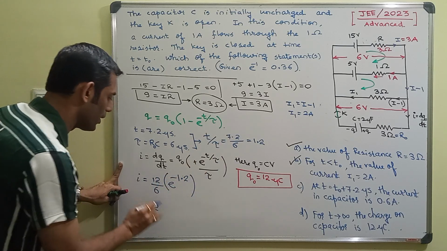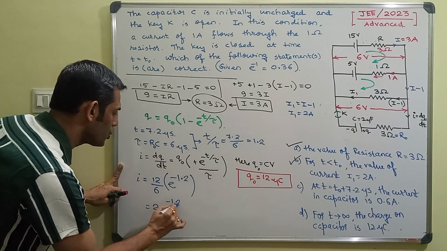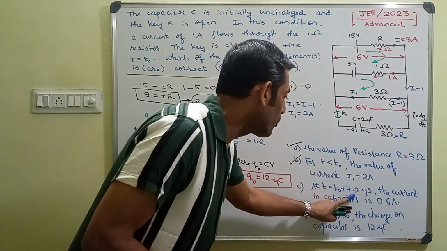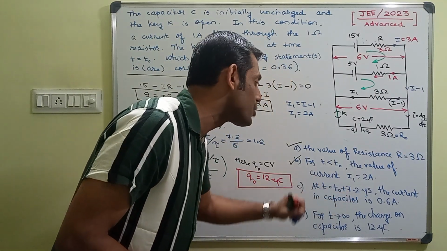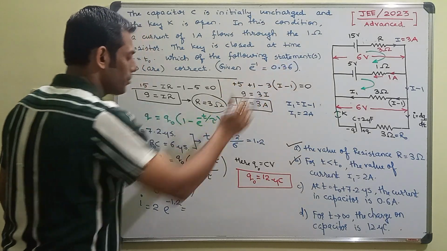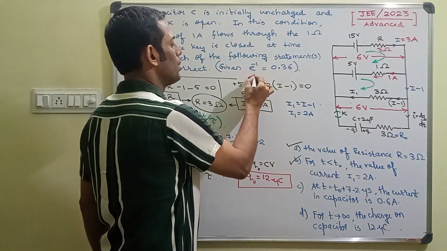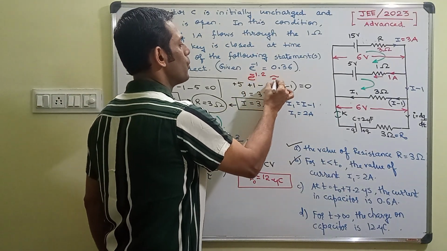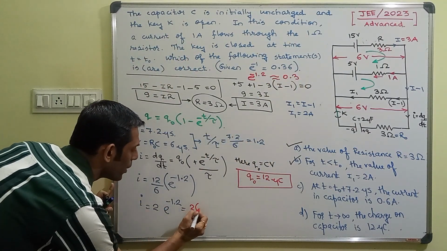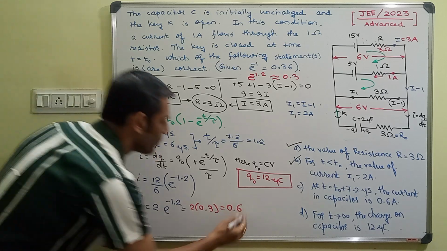Now you have the value as 2 into e to the power minus 1.2 as the current value, when time is 7.2 microseconds after the key has been closed. Now e to the power minus 1 is 0.36. From this we can guess that approximately e to the power minus 1.2 would be approximately 0.3, and therefore 2 into 0.3 makes it 0.6 amperes.